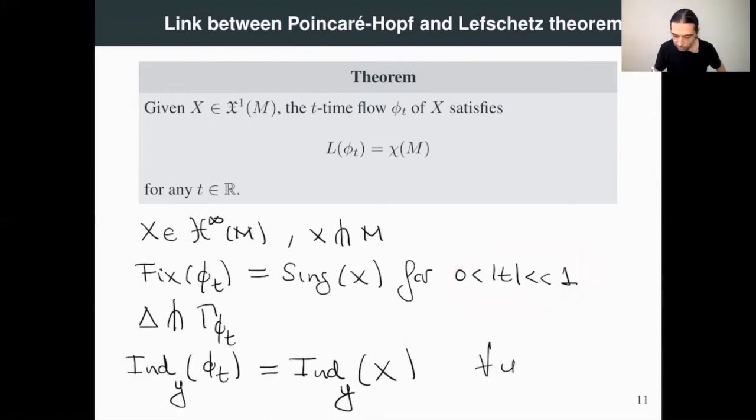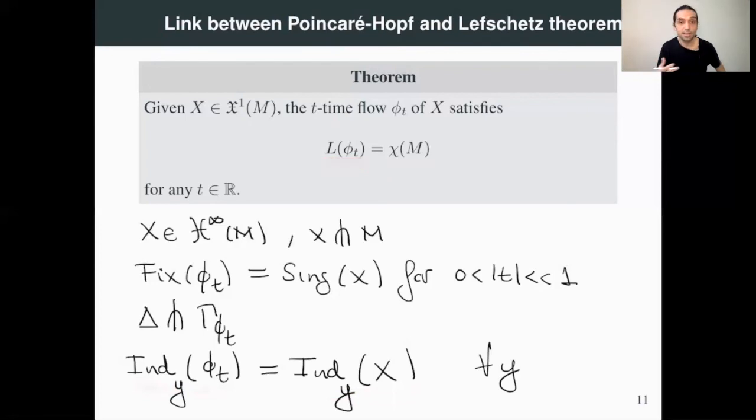And in particular, now, by using Poincaré-Hopf, we have that the sum of these indexes is the Euler characteristic, whereas by using the Lefschetz formula, we have that the sum of these indexes is the Lefschetz number of phi t. So we get that in this case, for small t, the Lefschetz number of phi t is the Euler characteristic.